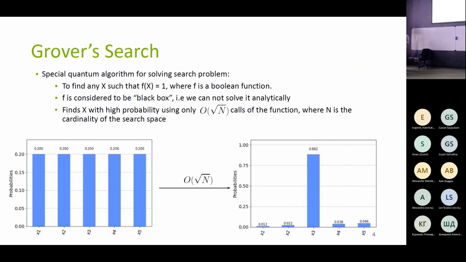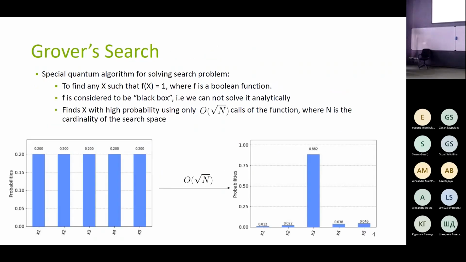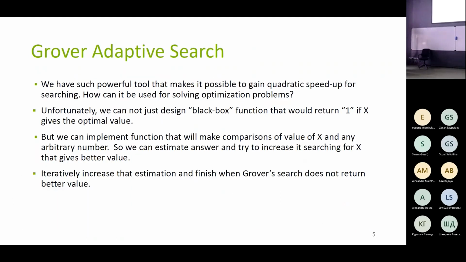How can we use it to solve an optimization problem? The traditional approach for this is to, first of all, make some estimation of the answer, and then step by step try to improve it by using Grover search, where the function to check will be that the value of the function will be bigger than the current estimated answer.